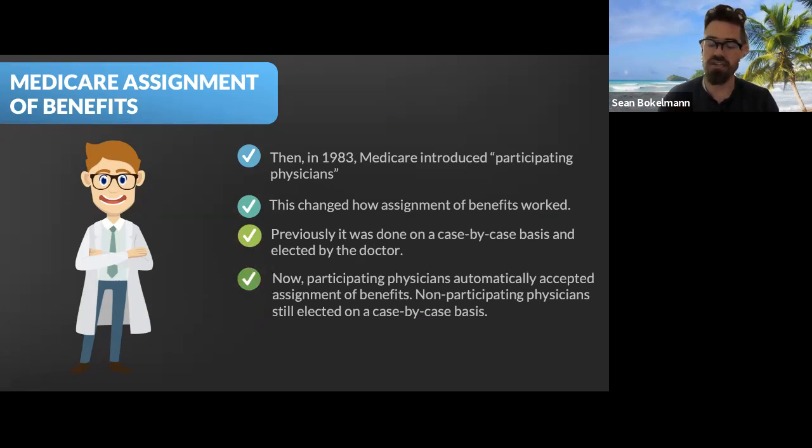But given the creation of this concept, if you were a participating physician, you basically elected to automatically take the assignment of benefits, while non-participating physicians still made the election on a case-by-case basis.